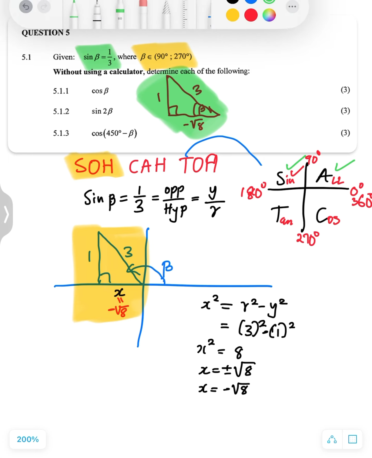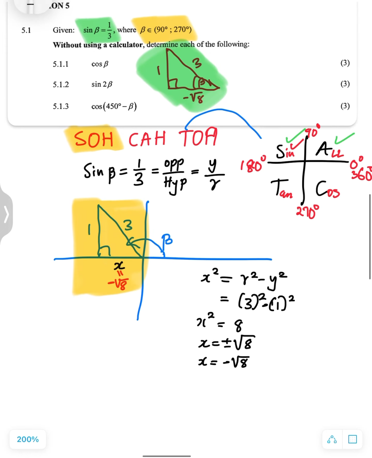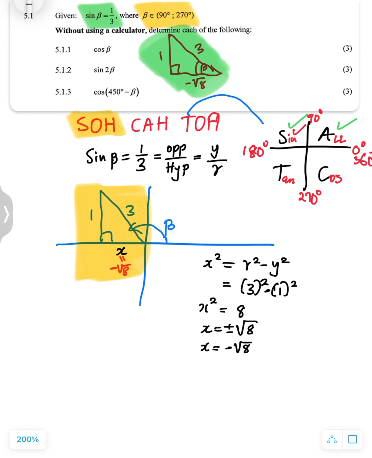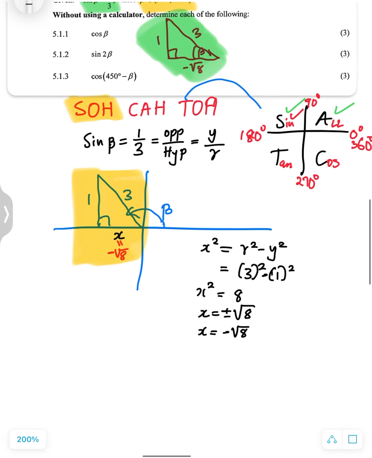Now answering 5.1.1. The question says, without using a calculator, determine each of the following. 5.1.1 is cos beta.